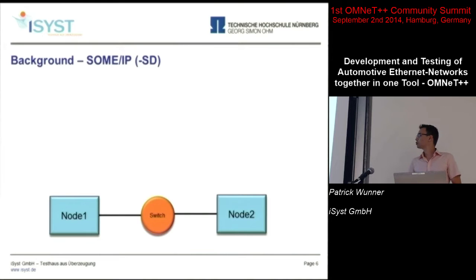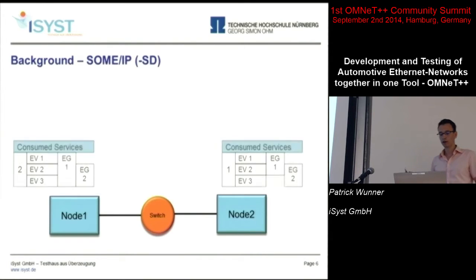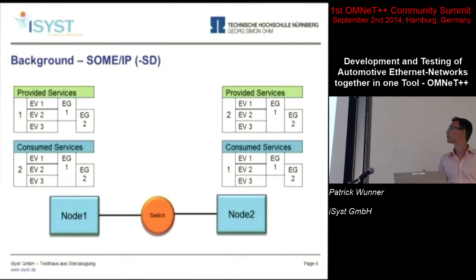The connection in a SOME/IP based area is a switch network, and here are two nodes. Every node has consumed services and provided services. And every service has a service ID with events, and the events define the payload of the messages.